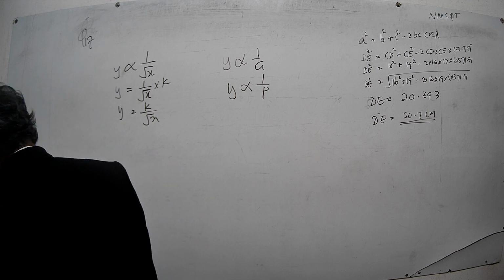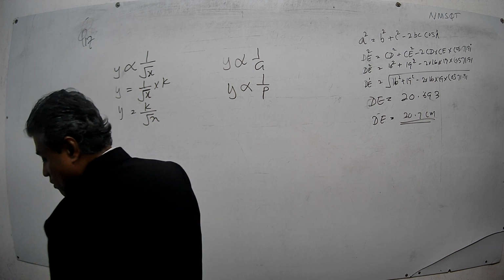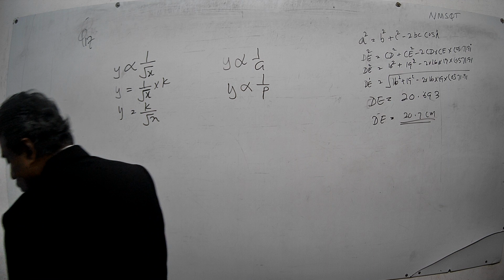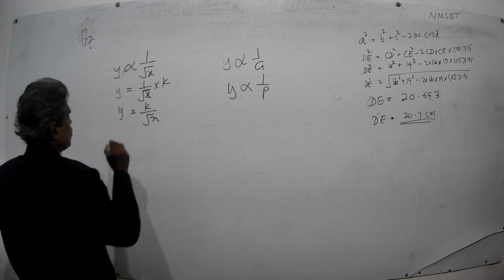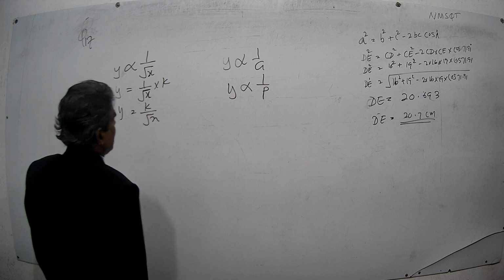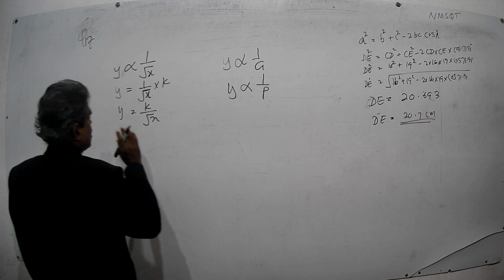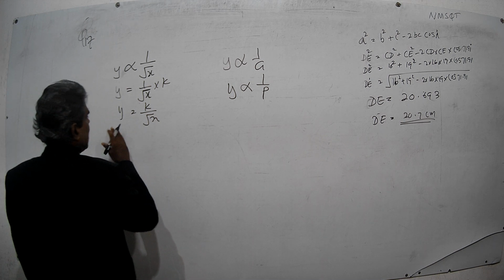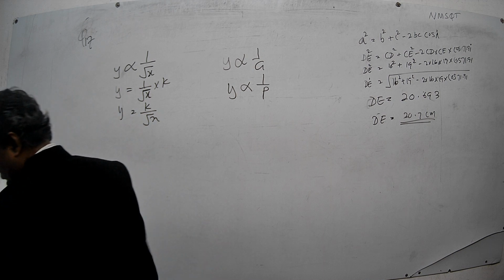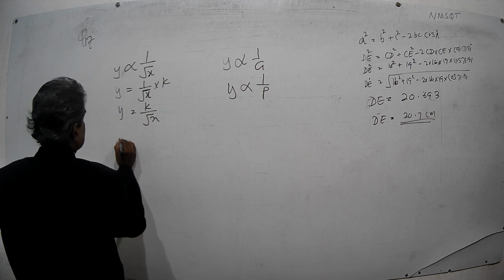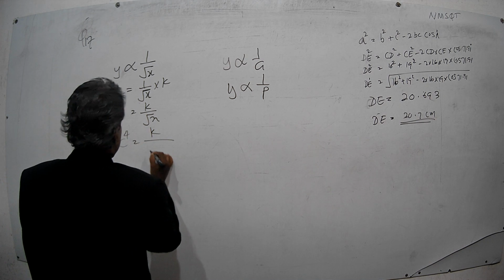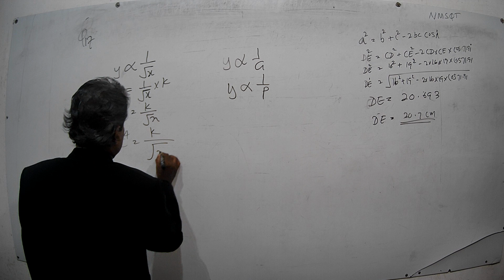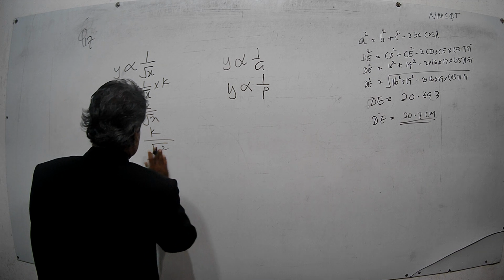Then they say when x equals c to the power 2, y equals c to the power 4. We substitute that given pair of values for y and x to find k. So c to the power 4 equals k over square root of c to the power 2.